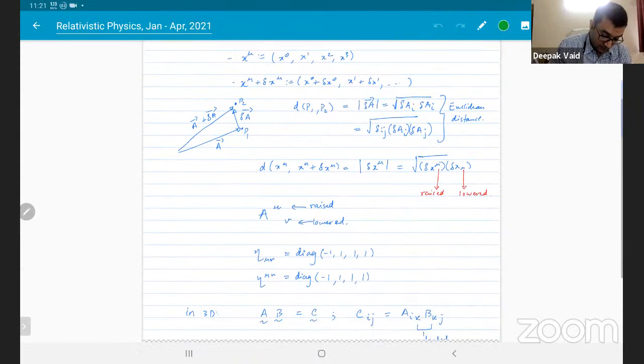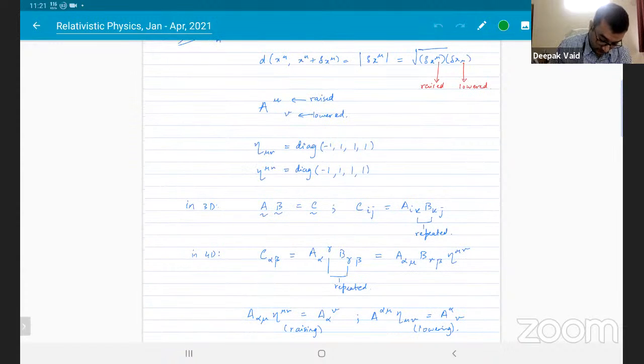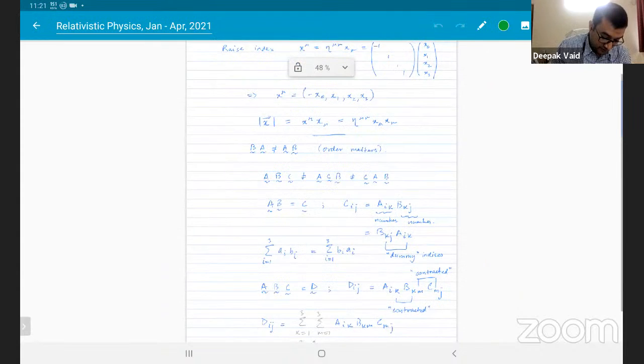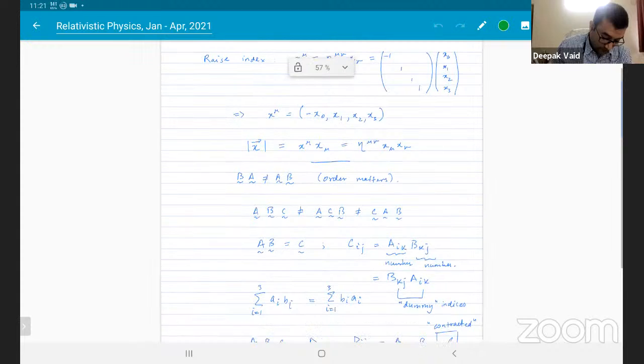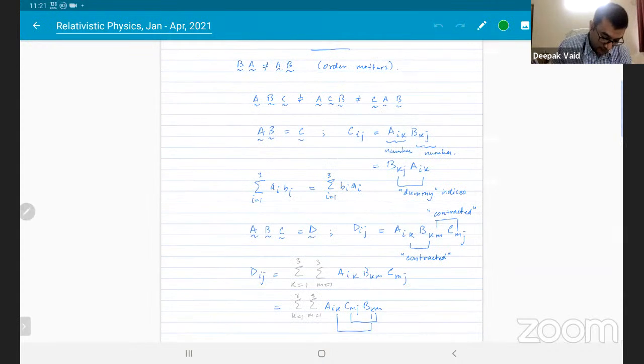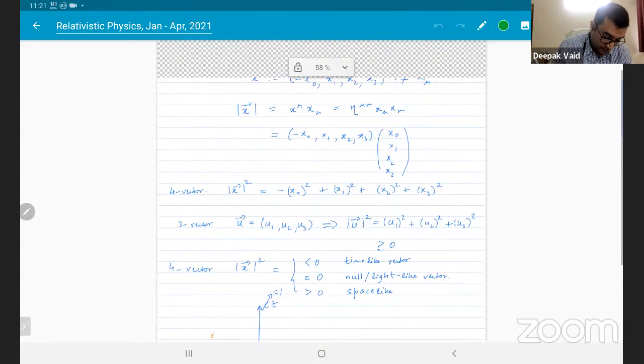And then I explained the concept of contracting repeated indices, right? That's the summation convention. So I guess the first two lectures have been all about that only.